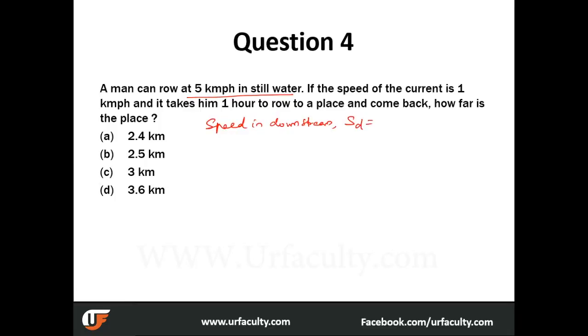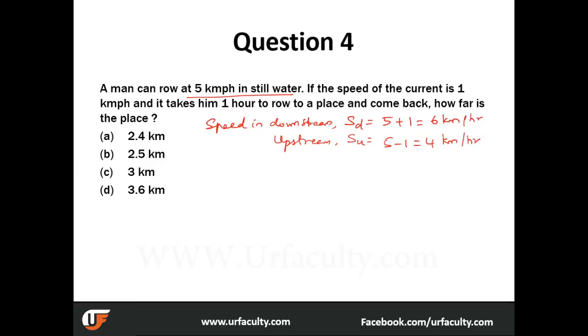SD is equal to 5 plus 1 is equal to 6 km per hour. Right? And speed in upstream, SU is equal to 5 minus 1 is equal to 4 km per hour.